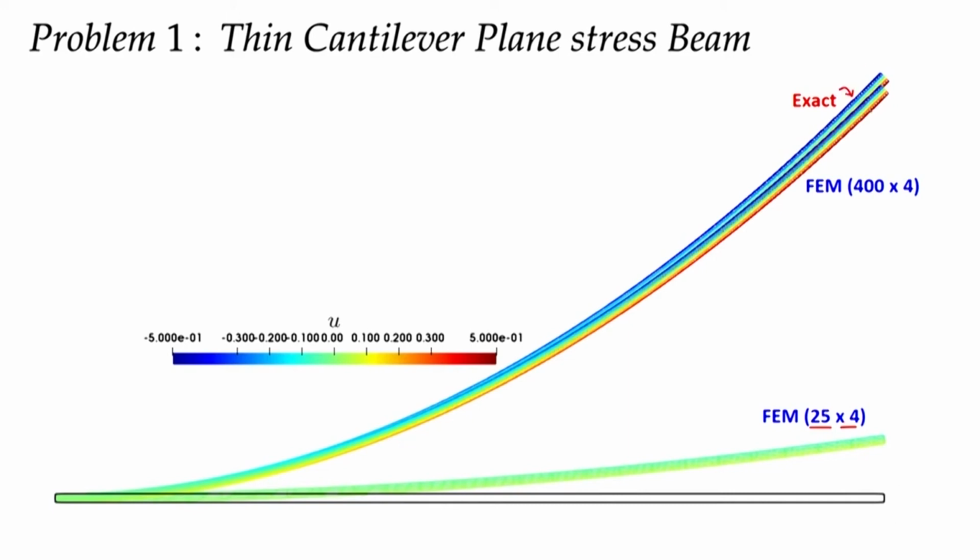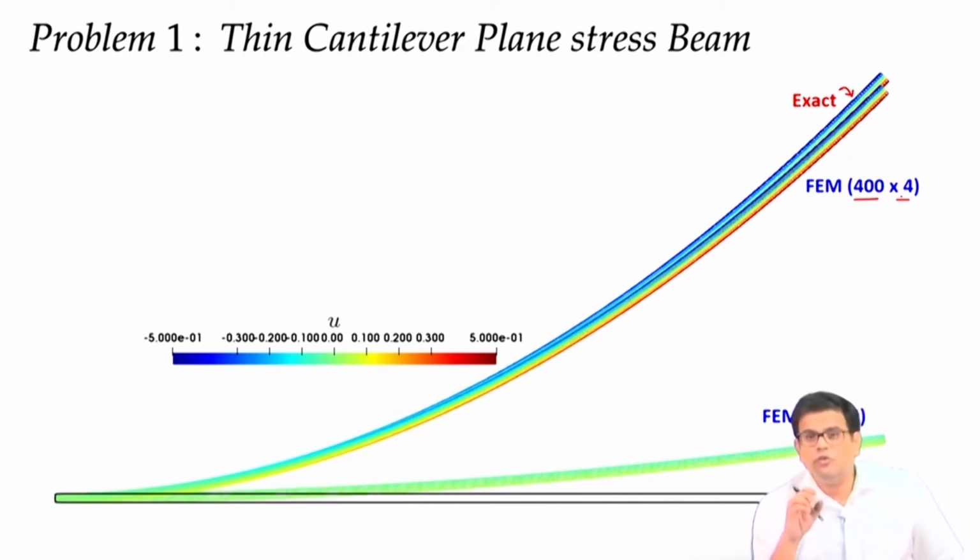If instead of 25 cross 4 I increase the number of elements, for instance to 400 cross 4, we can see that the solution approaches the exact solution, but still it is not exact; there are some deviations. On the other hand, if you use a quadratic element, that is Q8, an 8-noded quadrilateral, then you can approach the exact solution very easily.